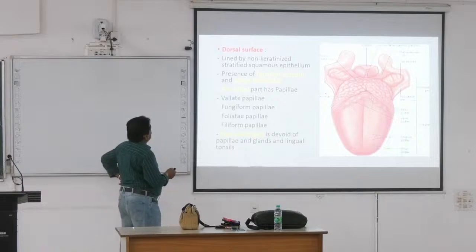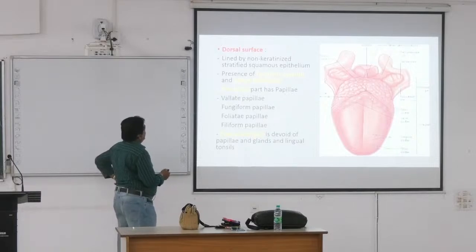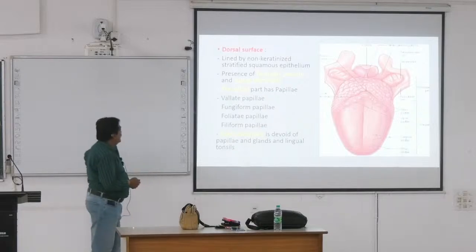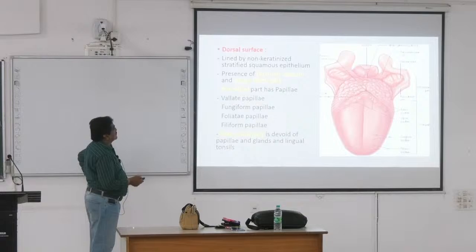The presulcal part has papillae: vallate papillae, fungiform papillae, foliate papillae, filiform papillae. Now, the postsulcal part is devoid of papillae and glands, and has lingual tonsils. These are the glands and the lingual tonsils here. Now, this is the epiglottis.